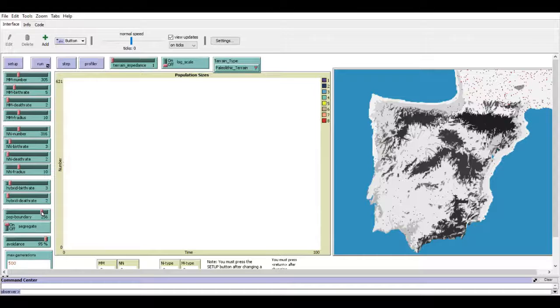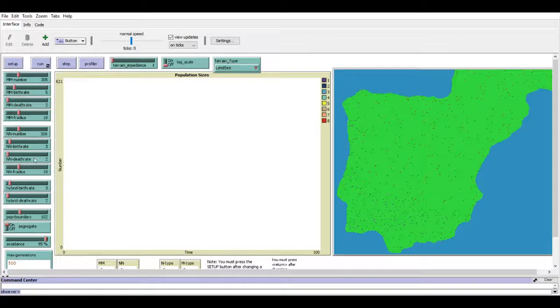Population boundary affects the starting location of Neanderthals and modern humans. This can be seen best with the land-sea map, as agents are more visible here.